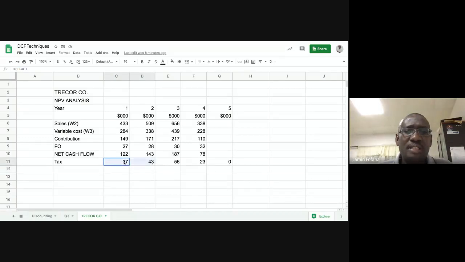So that means this tax here will have to be paid the following year. So we start calculating from year 2. So we say equals that cash flow multiplied by 30%. So that will be 37. So you see now the 23 will be paid in year 5.